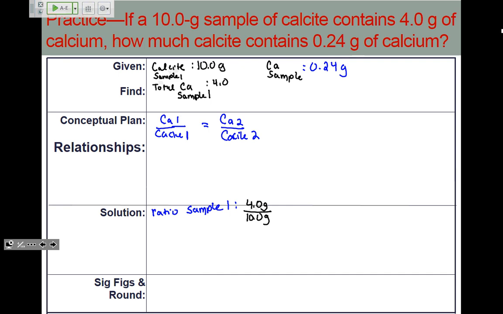Of course, if they weren't in the same units, we would. So our ratio there is 0.40. Now notice my grams canceled out because this is a ratio. It doesn't have a unit. And of course, that should be in 2 significant figures.